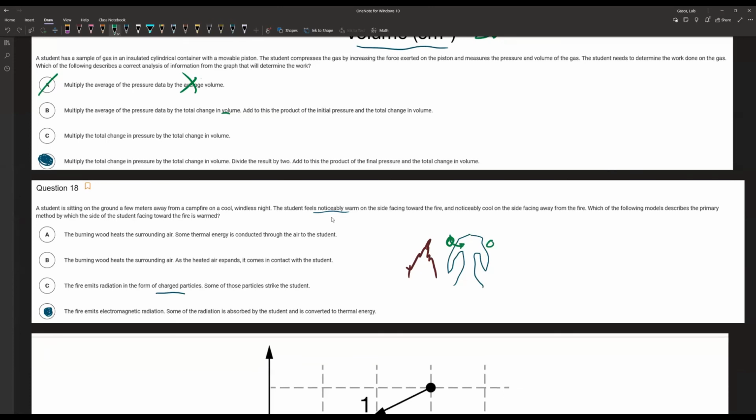There's going to be slight differences, because the air on average is probably going to cool as you get further and further away from the fire. But more than anything, the differences in temperature for the air should be pretty minimal. So while the burning wood does heat the air and the surrounding air, and it expands as it comes into contact, the main difference is he is seeing the light, the EM radiation, the infrared photons strike his body. So D.